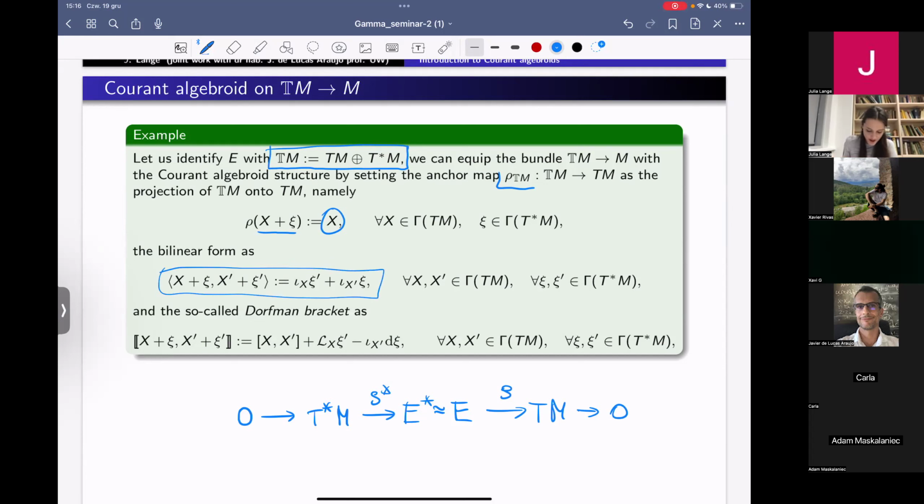So this is just the contraction, where we contract X with xi prime and X prime with xi. If you read the literature, sometimes you can see 1/2 in front of this term.